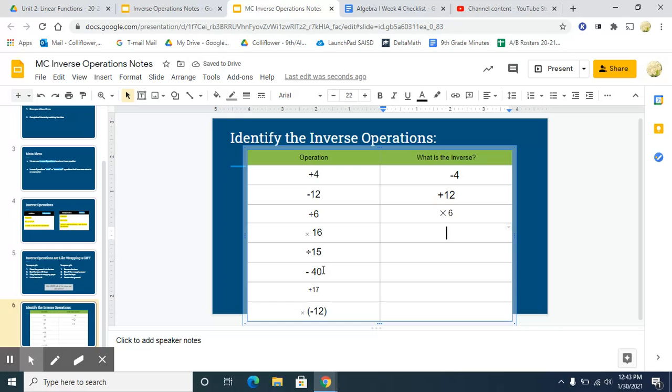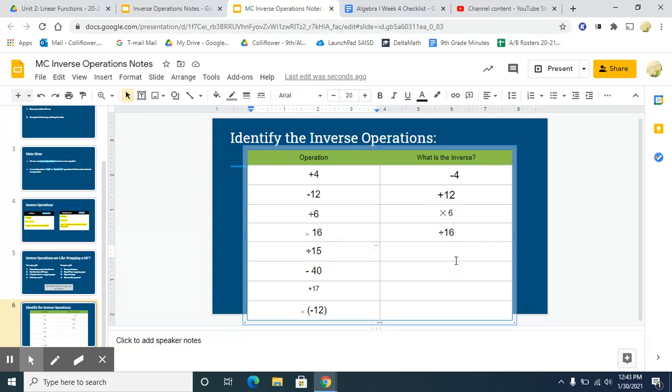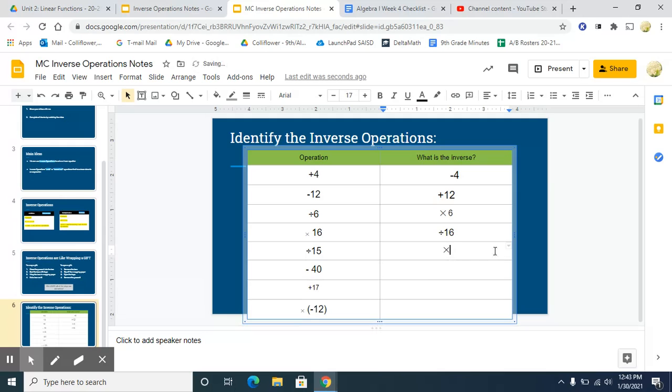If we were multiplying by 16, then the inverse operation, the opposite of multiplying by 16, would be dividing by 16. If our operation was dividing by 15, the inverse would be multiplying by 15.